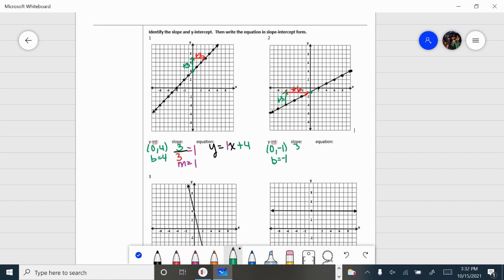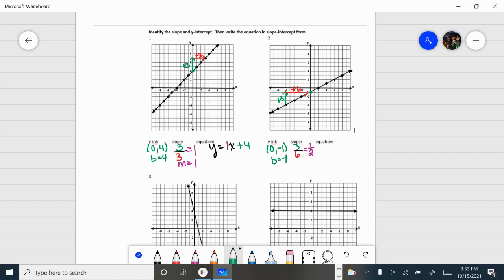I'm going 3 over, sorry, 3 over 6. So my slope is going to be a positive slope. I have to simplify my fraction. And again, any 2 points, it doesn't matter which 2 points you choose, it should all simplify down to the same slope. So 1 over 2.